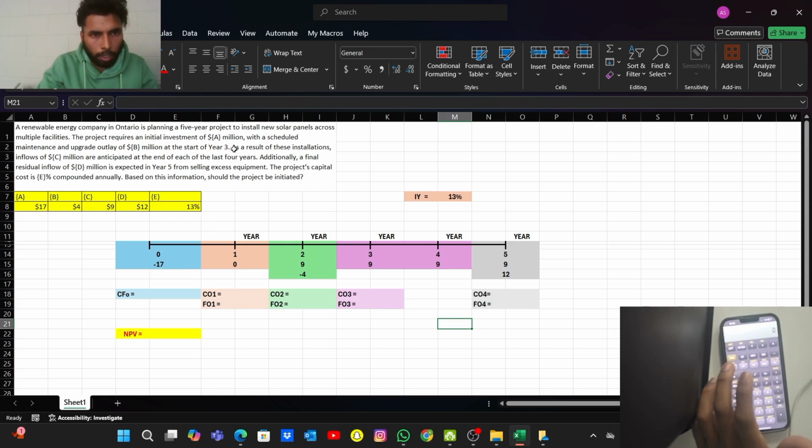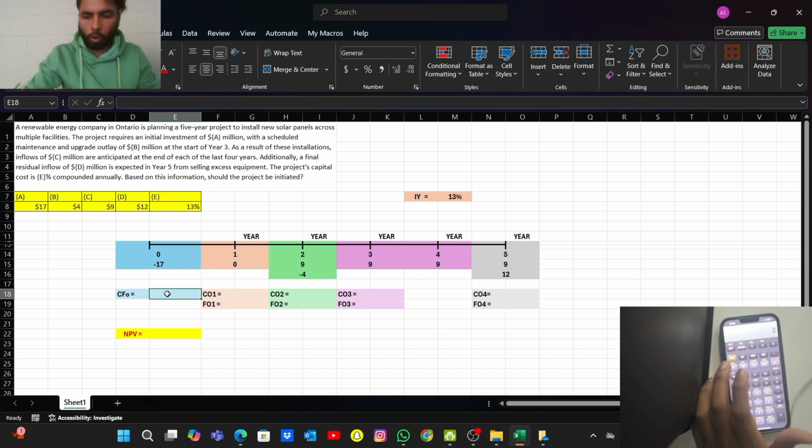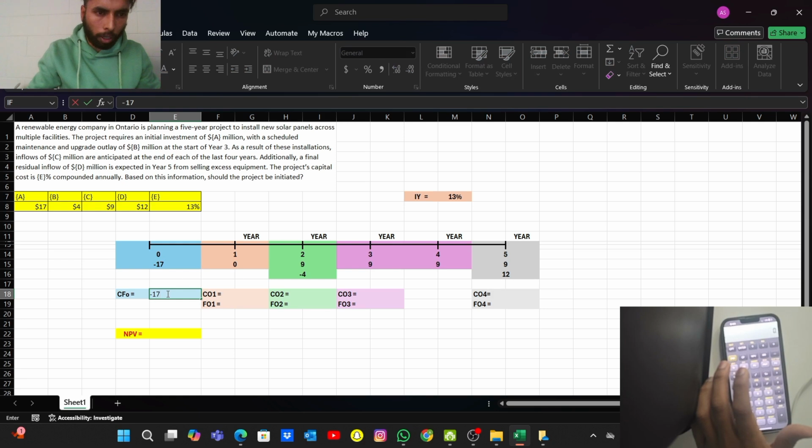We just put 17 million, but at the end we need to multiply by 1 million to get the correct answer. So the initial investment is 17 million, put CF0 as minus 17.